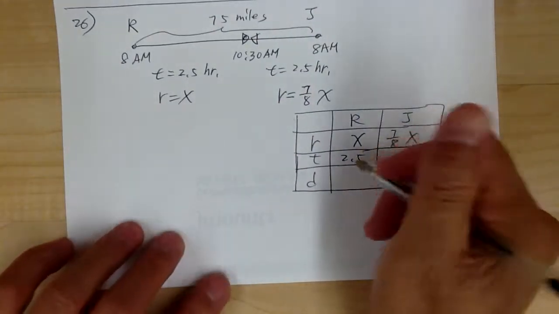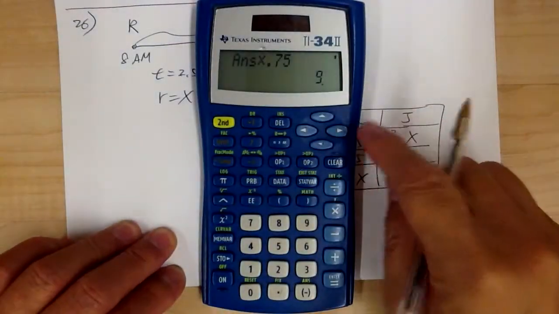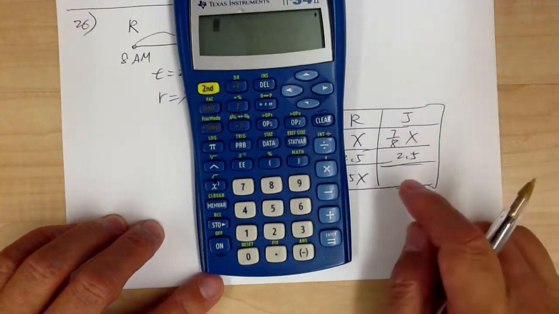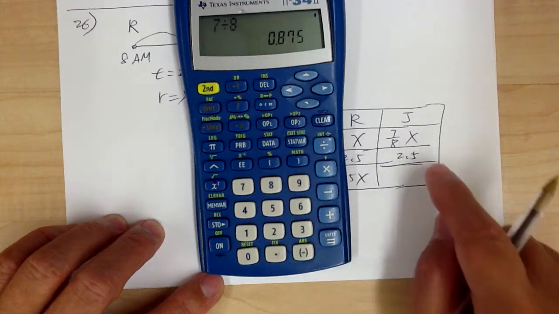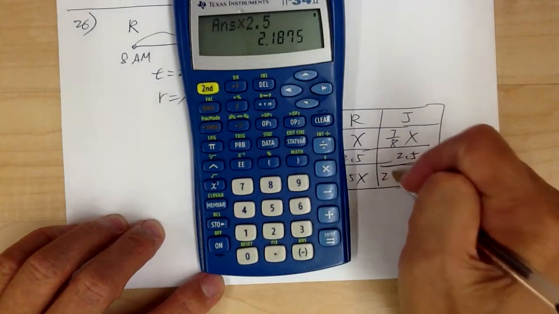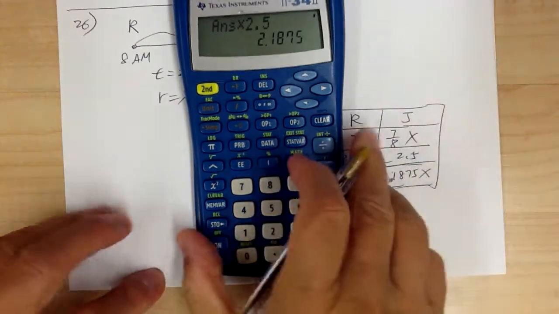So again, you can multiply. So you get 2.5x. Now over here, you can use your calculator to multiply. So you can use fraction multiply. That's not a problem. Or you can just go and divide. So 7 divided by 8 equal, and then you times it by 2.5 equal. So you're going to get 2.1875x. Okay, so that's fine.